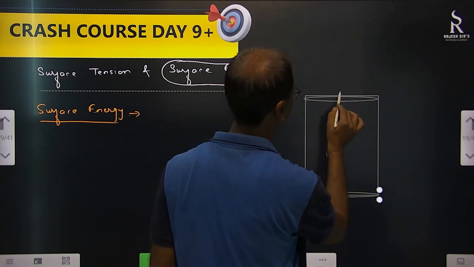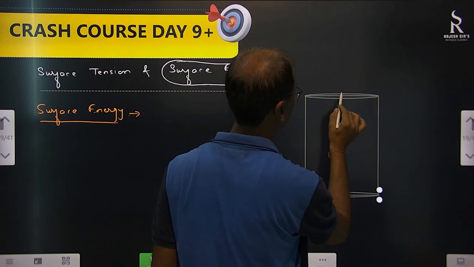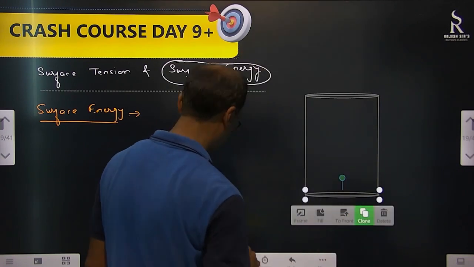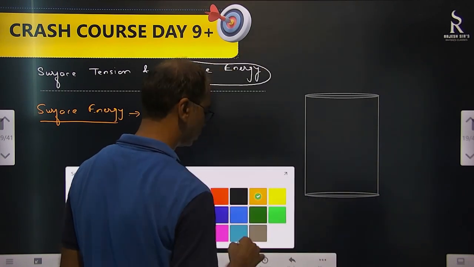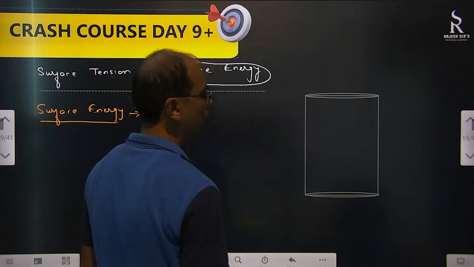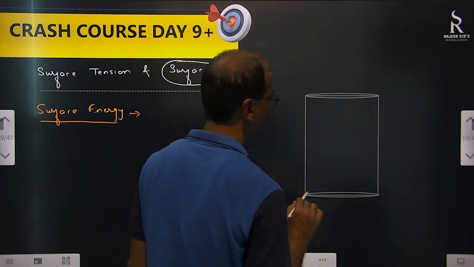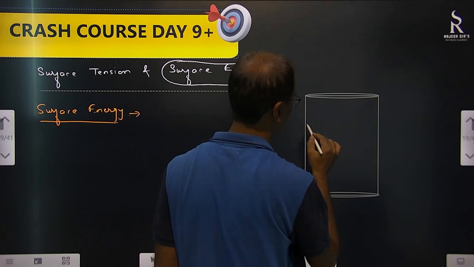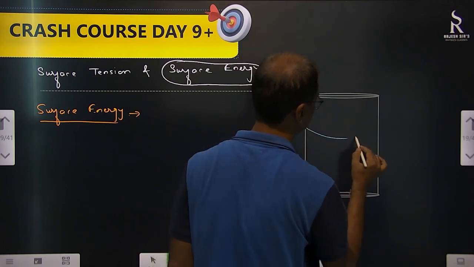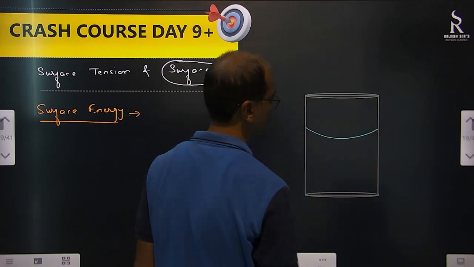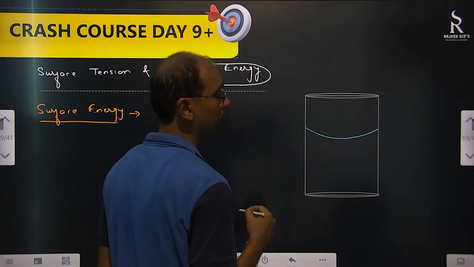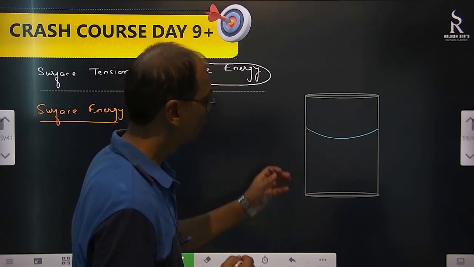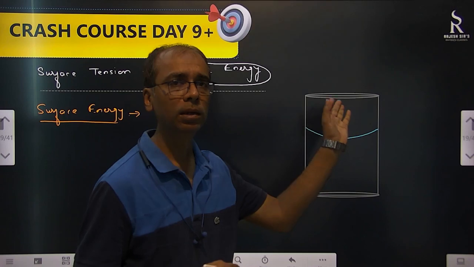This one we will make the top also. Okay, and in this one liquid is there. Okay, there is liquid in this, but how will the liquid be? Liquid normally will be like this. It will be in this way. So the top layer of the liquid will be slightly bent.